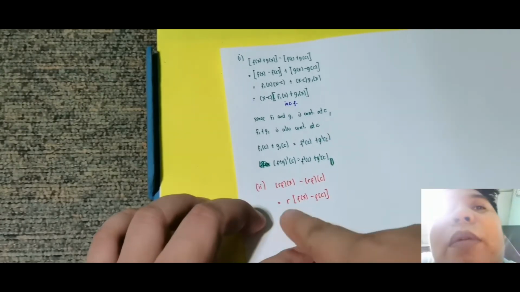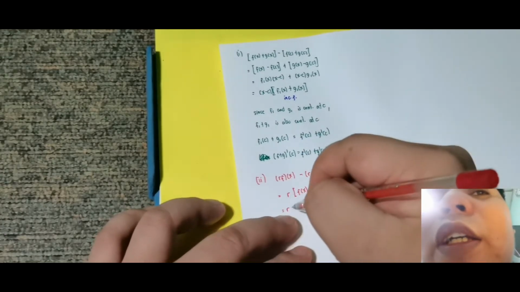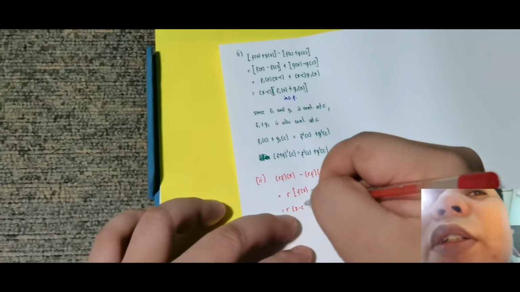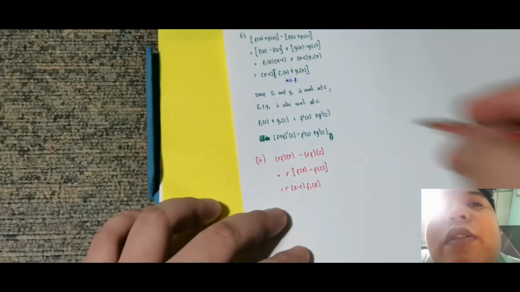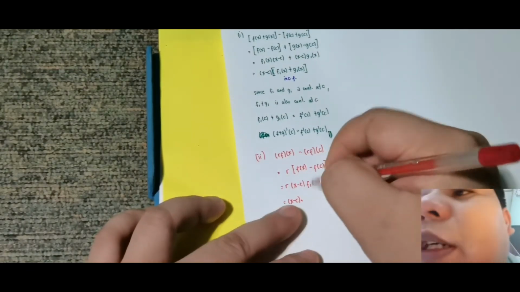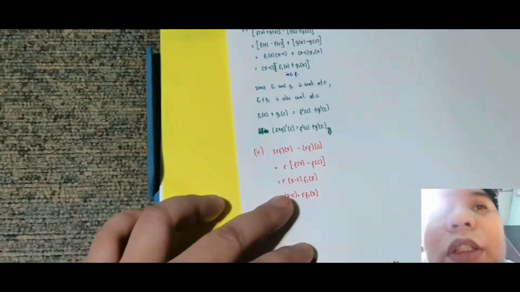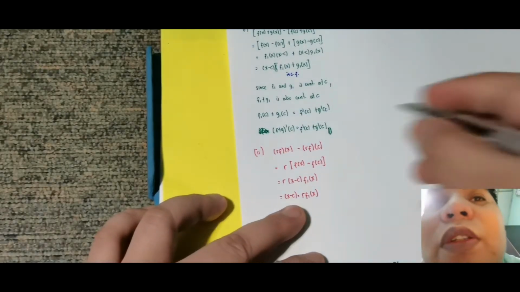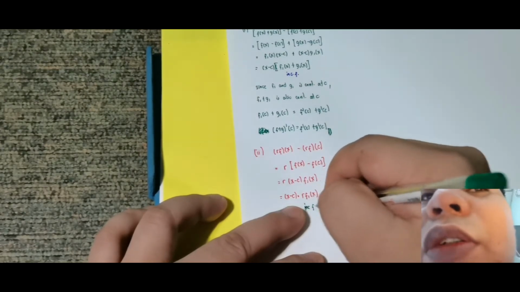Then by Caratheodory's lemma, may definition tayo dyan. That is equal sa r times x minus c times f sub 1 of x. So factor out ko lang, this is x minus c multiplied by r f sub 1 of x. So note, ito yung increment function natin.